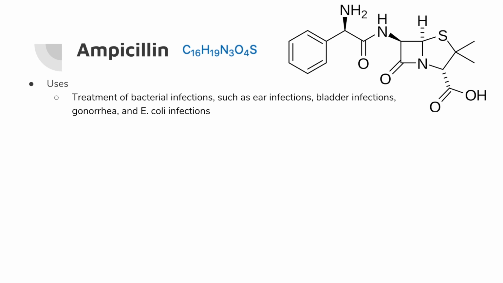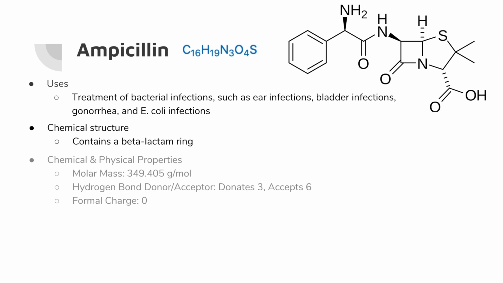The last example of a penicillin that we have is ampicillin. It is used to treat bacterial infections such as ear infections, bladder infections, gonorrhea, and E. coli infections. Its chemical structure also contains a beta-lactam ring. It has a molar mass of 349.405 grams per mole. It can donate 3 hydrogen bonds and accept 6 hydrogen bonds.